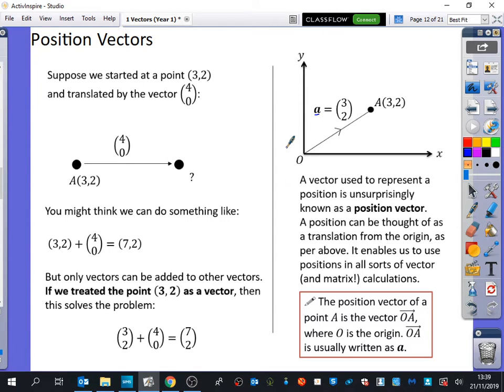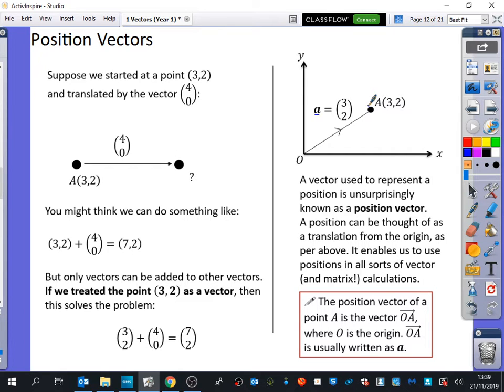So it says, a vector used to represent a position is unsurprisingly known as a position vector. A position can be thought of as a translation from the origin as per above. So it's saying from the origin, go to that point up there by moving 3 along and 2 up. It's just a translation. It enables us to use positions in all sorts of vector and matrix calculations.